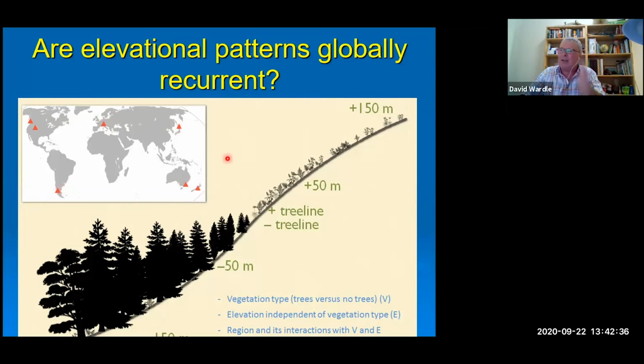For each of these locations, we set up 5 replicated transects that transcend the alpine tree line. So this design enables us to look at whether the effect of warming going from here to here is simply because we have trees versus no trees, whether there's an effect of elevation independent of trees, and whether these effects are recurrent globally.